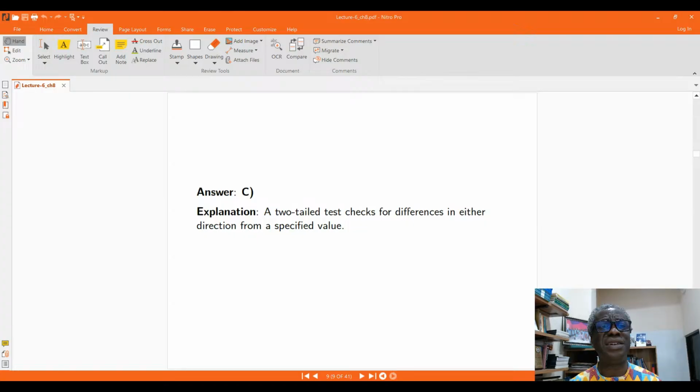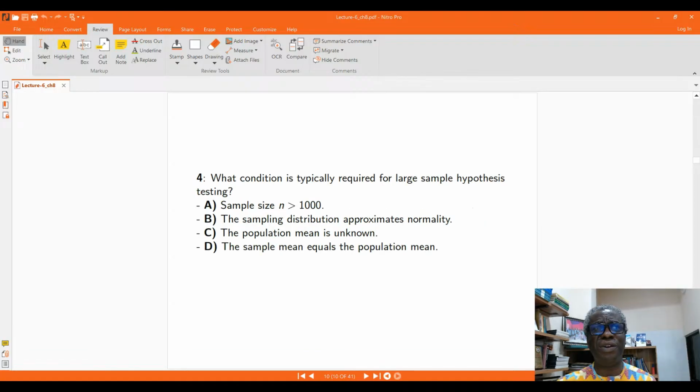Great. Question 4. What condition is typically required for large sample hypothesis testing? Because our lecture today will focus on large samples.